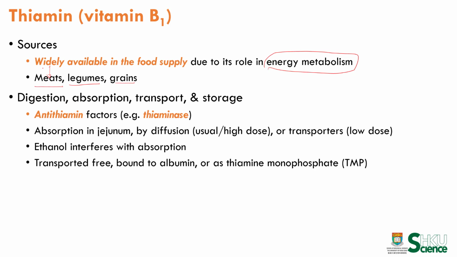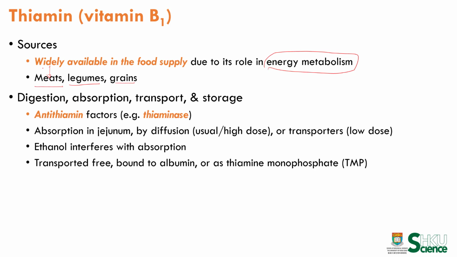Same goes for legumes and grains, which are the embryo of a plant, and in the germination process a lot of energy is required. So the plant has prepared the offspring basically with a lot of thiamine to support the germination. So therefore these parts of the living organisms tend to be the best sources of thiamine in our food supply.